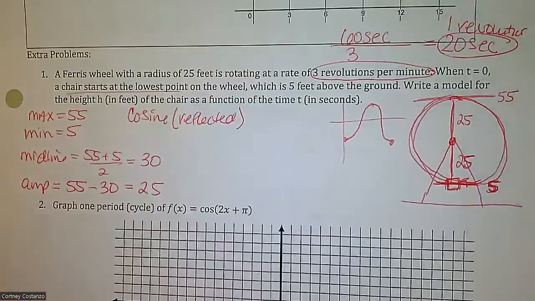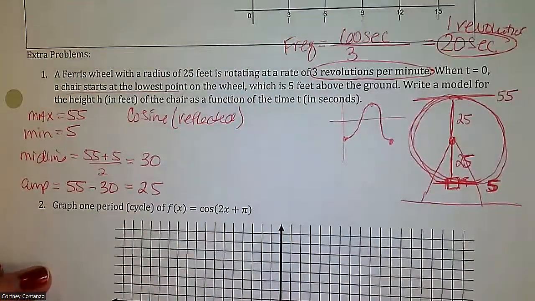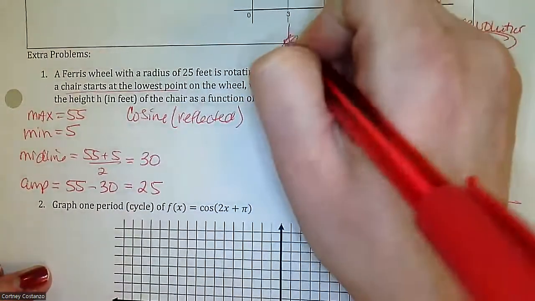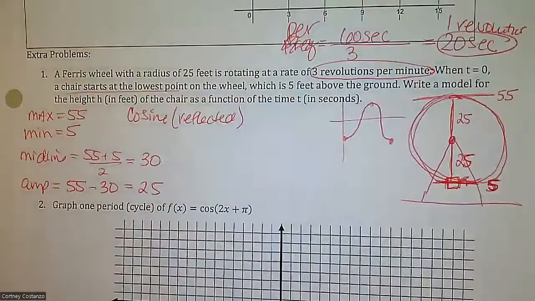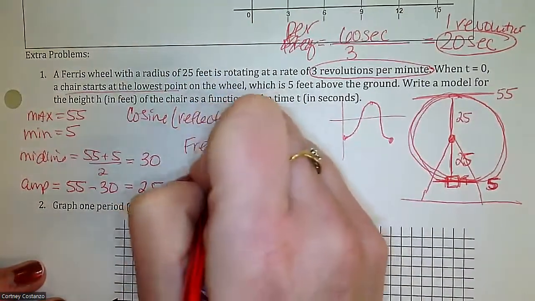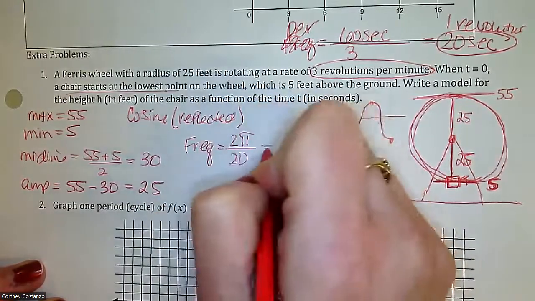Now that's not what I'm going to use in my formula. I can use the period to figure out the frequency. So the frequency is 2 pi divided by the 20 seconds.